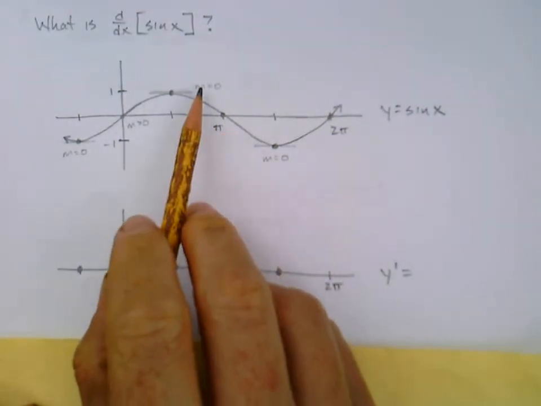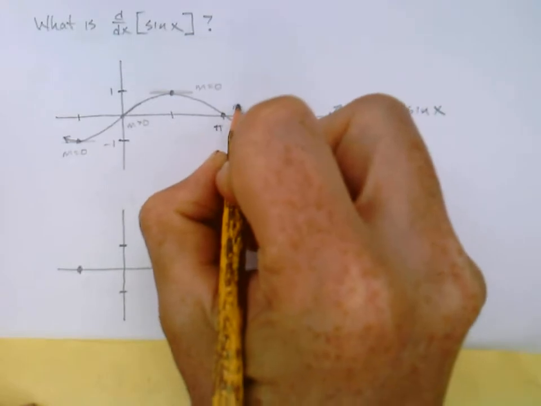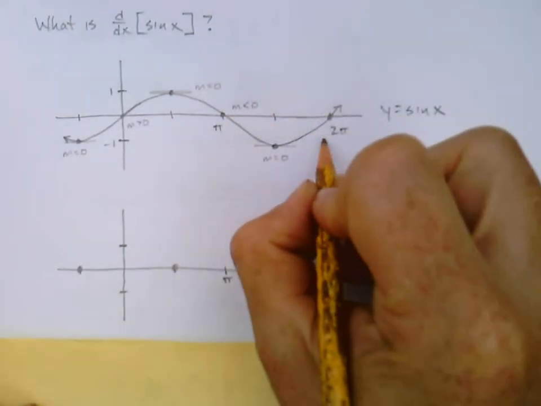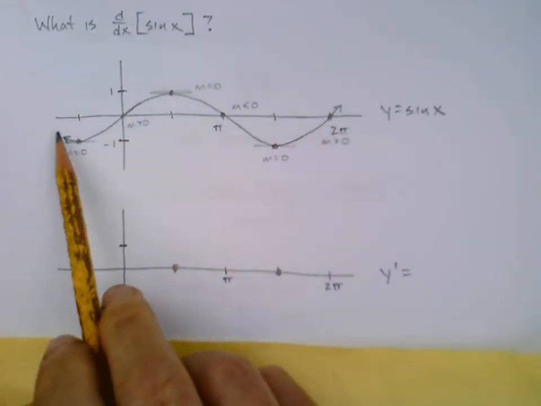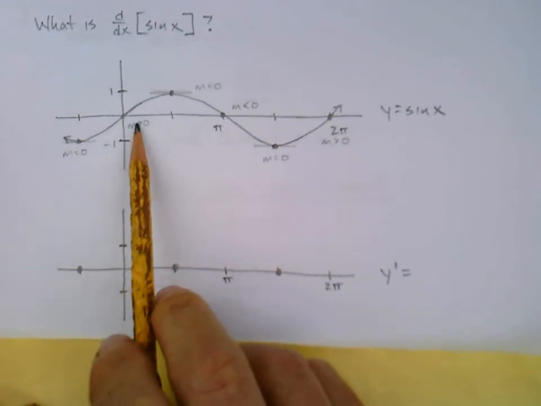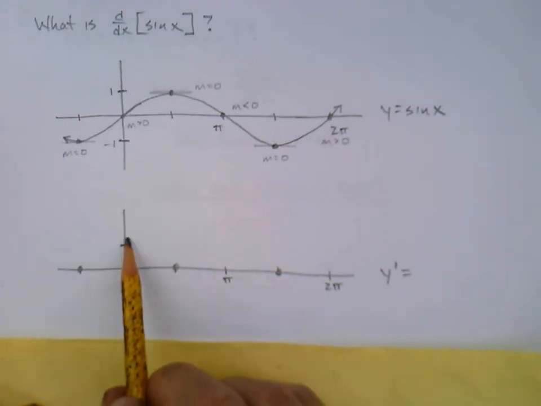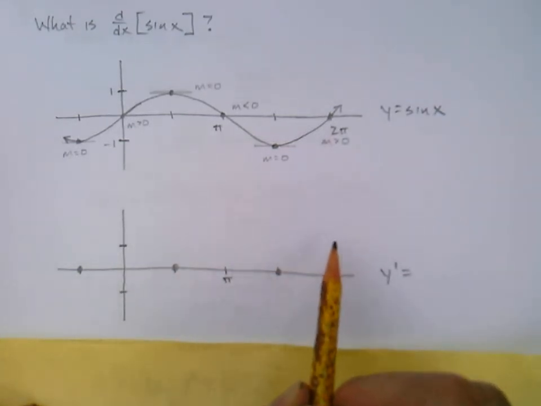Down here, all of these tangent line slopes are negative. So going down, slopes are negative. And then finally, back over here, slopes are positive again. I haven't drawn much there, but those would be negative. So we've got negative, positive, negative, positive. Negative, positive, negative, positive. So it's going to kind of wave through them like that.